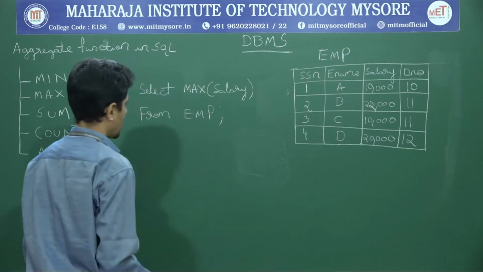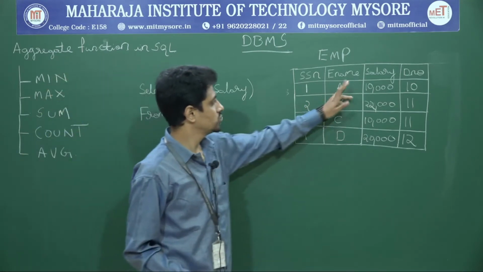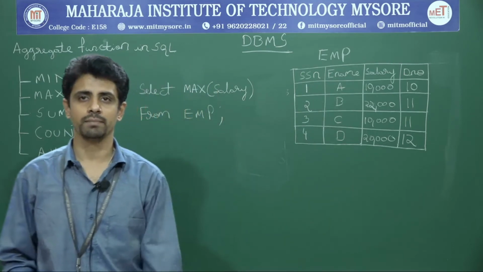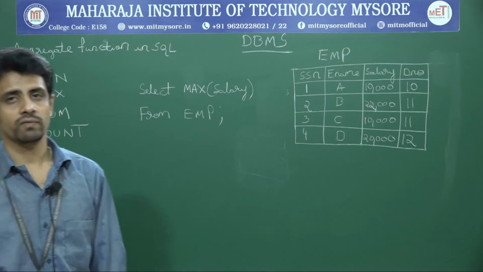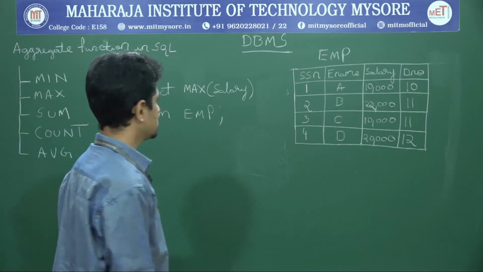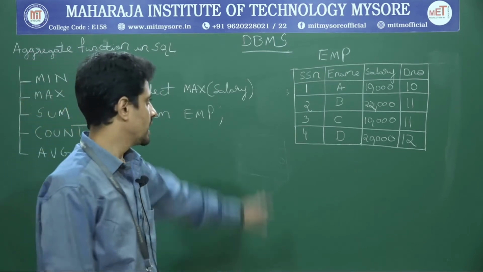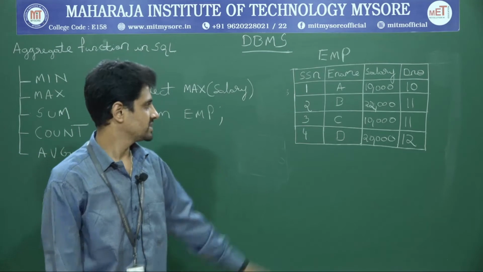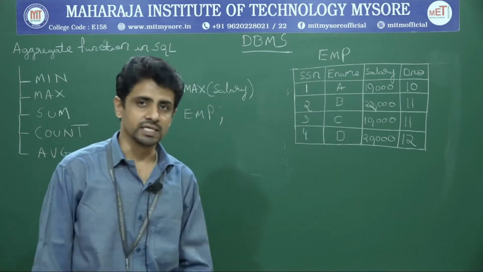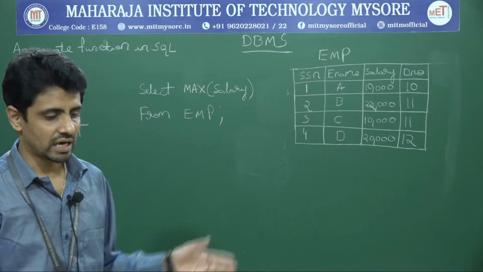Now the question is, can I apply min and max to a character attribute, say for example employee name? Does it work for minimum as well as maximum with the employee name, because employee name is of character type? The answer is yes. When I say max of e name, it takes the alphabetical order.